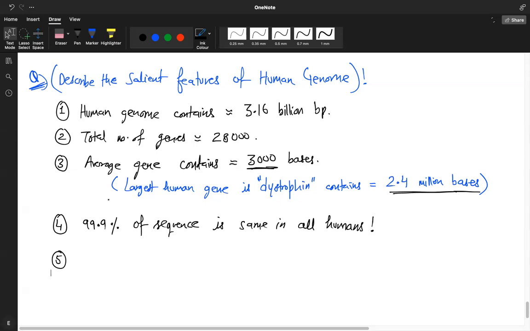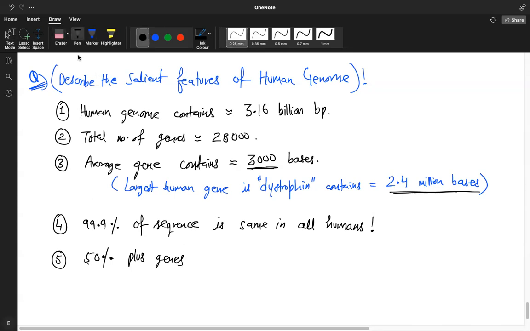So for more than 50% of the discovered genes, the function is unknown.